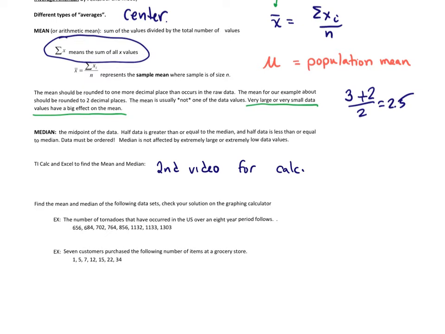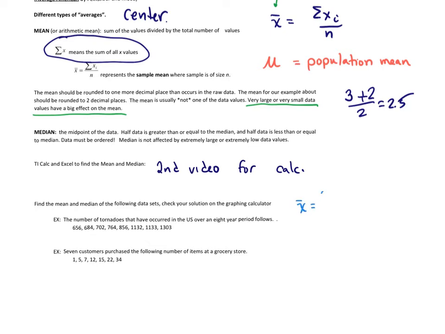So I want to find the mean and the median for these data sets. The first one is the number of tornadoes that have occurred in the U.S. over an 8-year period. That is obviously not the whole history of the U.S., so this is just sample data.